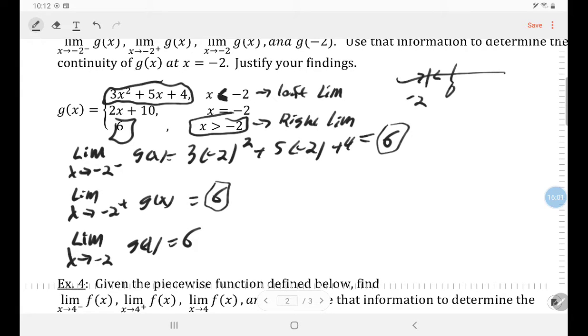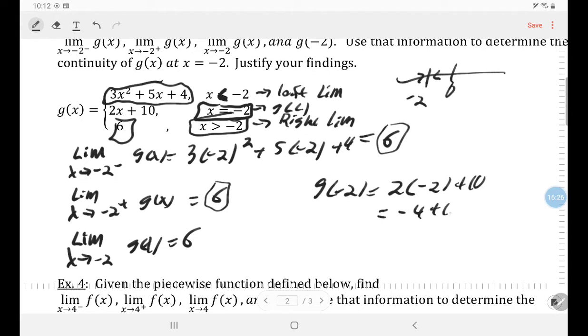So, criteria 1, does my limit exist? Check. Next thing I have to find is my g of negative 2. That's when I'm looking for equals. So this is when I find my g of c. I'm just going to plug on in there, and -2, I'm going to plug into that middle equation because that's where the domain matches up. That is negative 4 plus 10, 6.